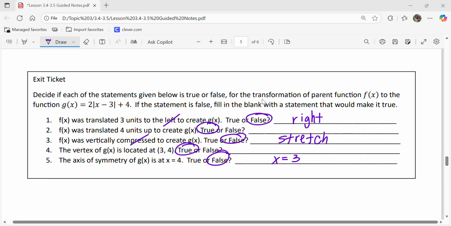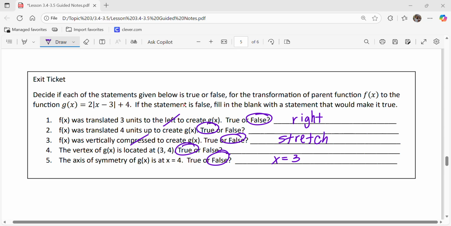So just automatically looking at this graph, I can take out my vertex. I know it's negative 3, positive 4, and it should be pointing down. So (-3, 4) should be the highest point because I know it should be pointing down.